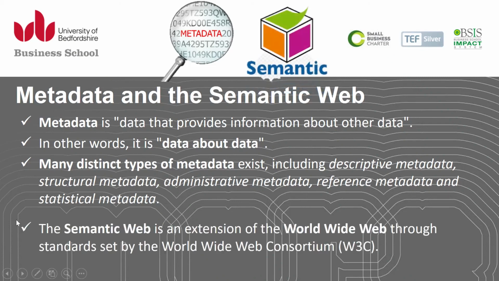The semantic web is an extension of the World Wide Web through standards set by the World Wide Web Consortium, that's W3C. So semantics, along with metadata, describe the meaning of the data basically.